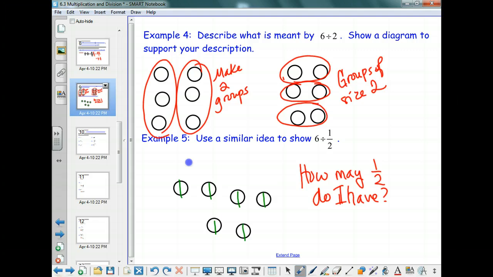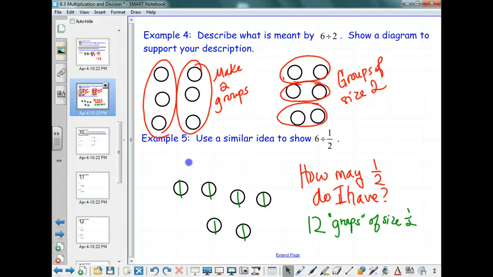Okay? So I have 12 groups of size 1/2. And so 6 divided by 1/2 is 12. When you divide by a fraction, you get more than you started with. At least a fraction smaller than 1. Okay?